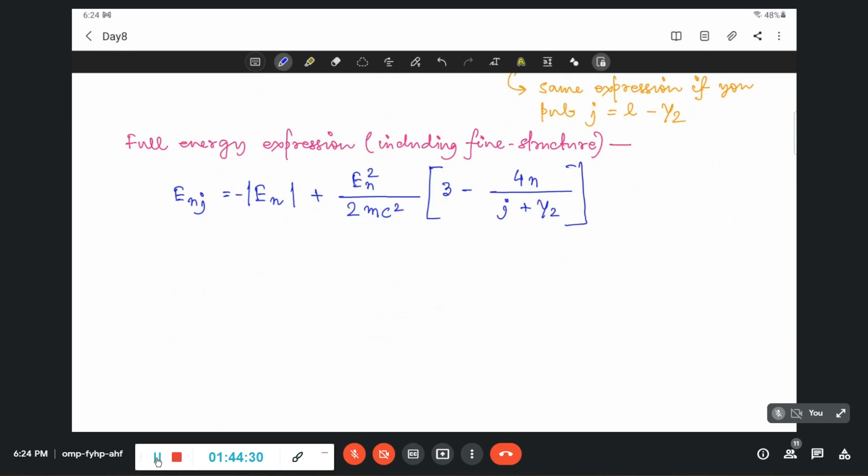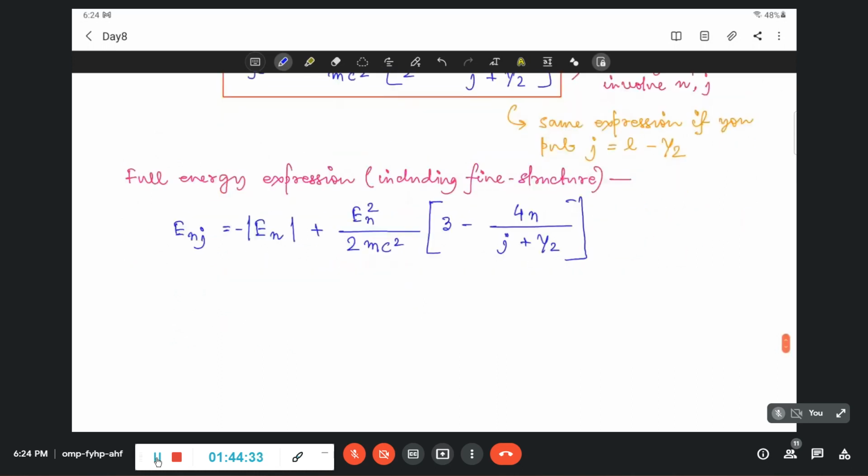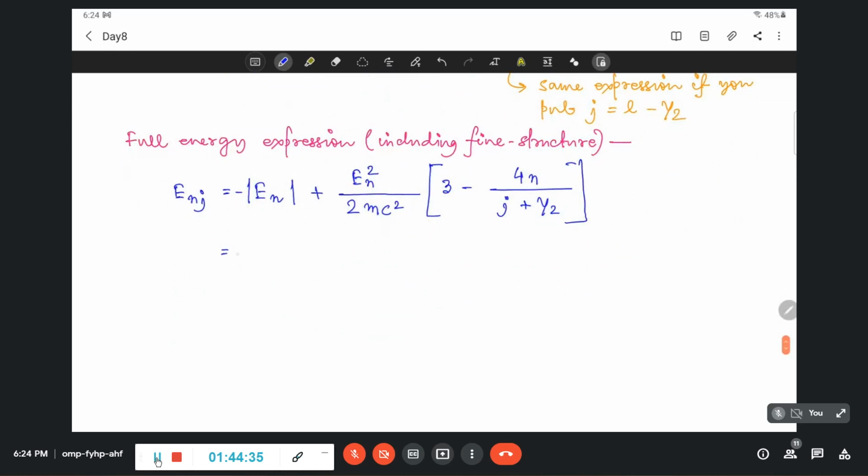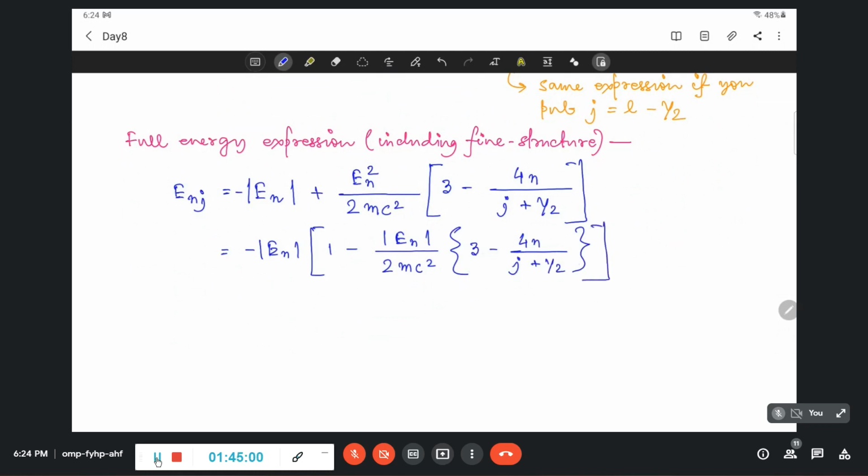So this can also be written as: if we take minus mod En common, this is 1 and this is mod En by twice mc squared, times 3 minus 4n over j plus half. And if you plug in mod En by mc squared, you will get the fine structure constant.